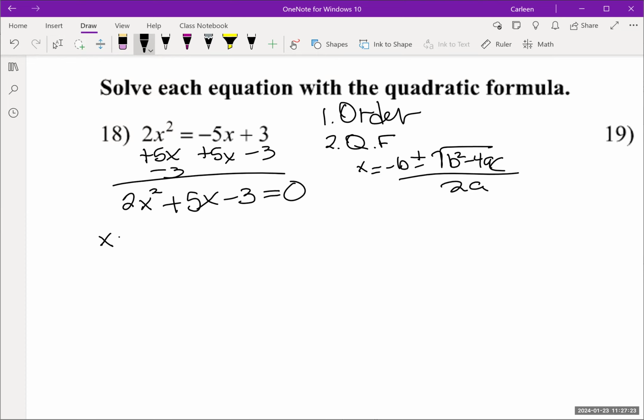So x is equal to -5 plus or minus the square root of b squared, 5 squared, minus 4ac, all over 2a.